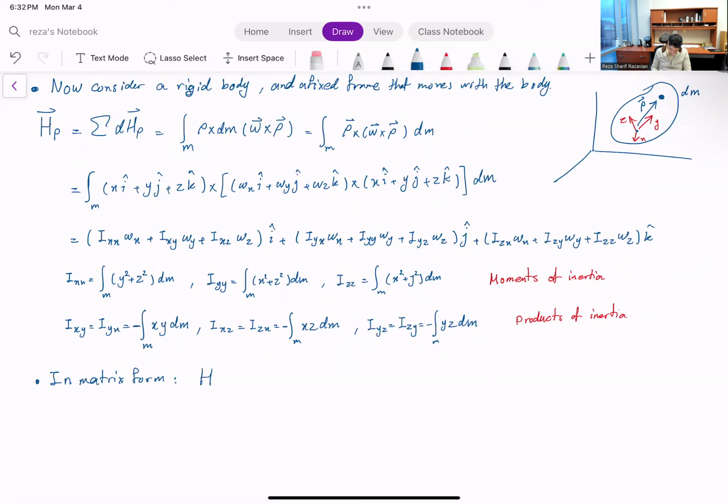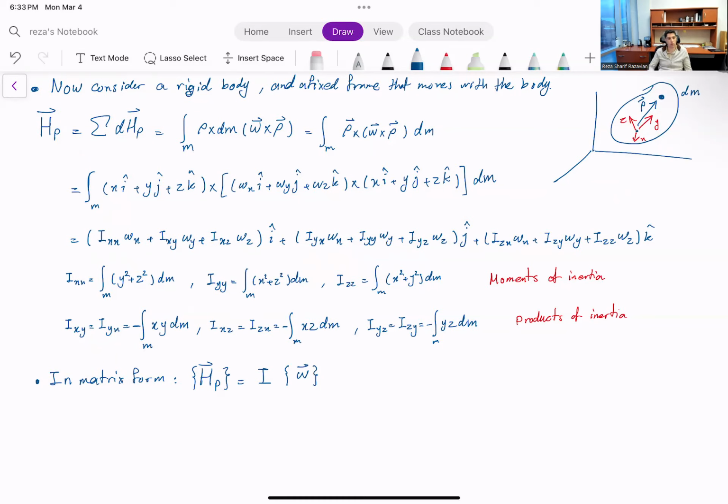I can write H_P, and I'm going to use this notation to mean a column matrix representing that vector. This equals a big matrix I times the vector omega.